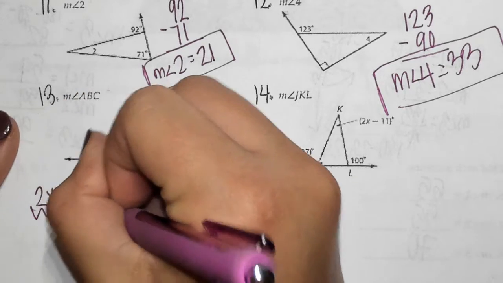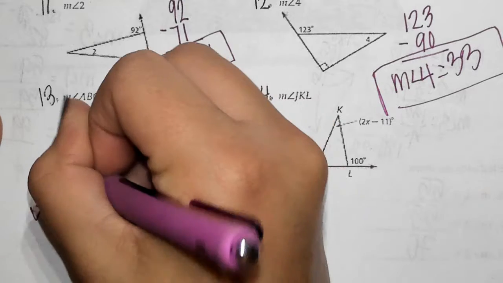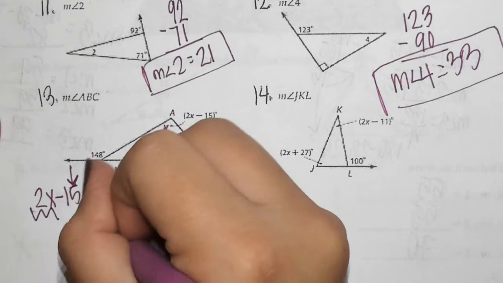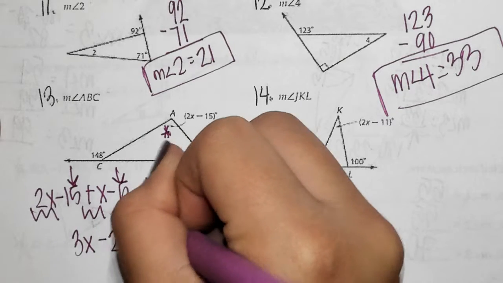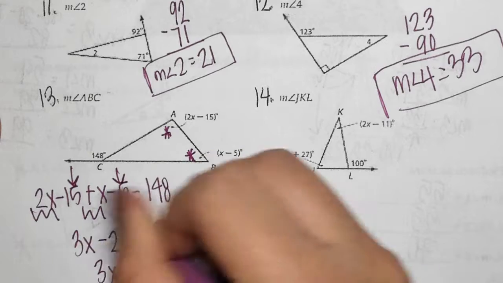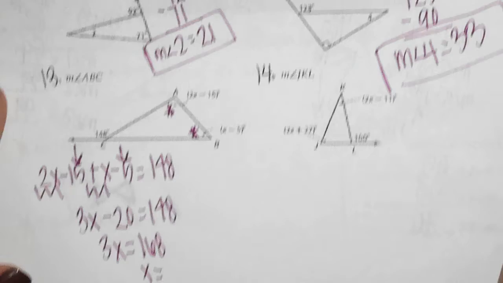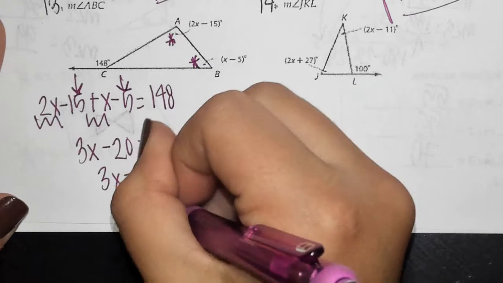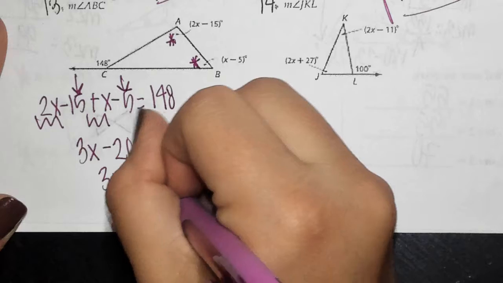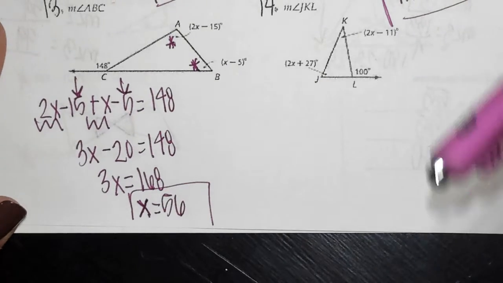So 2x plus 1x, which is 3x, negative 15 minus 5, negative 20, equals 148. So then add 20, which is 168, and divide by 3, which is 56. That wasn't that bad.